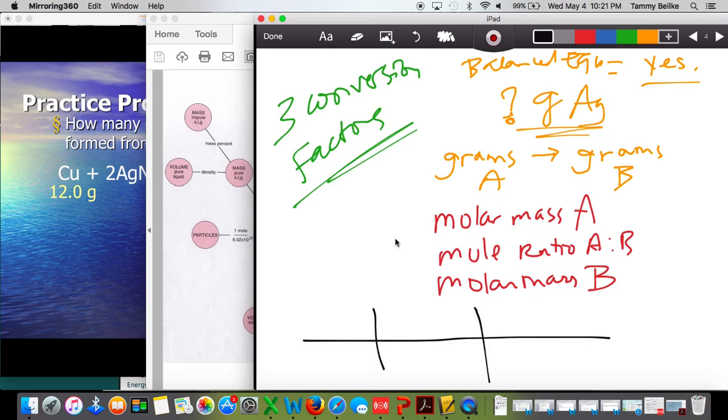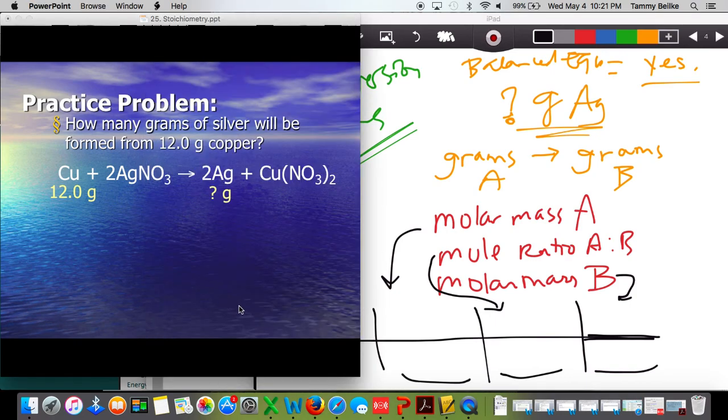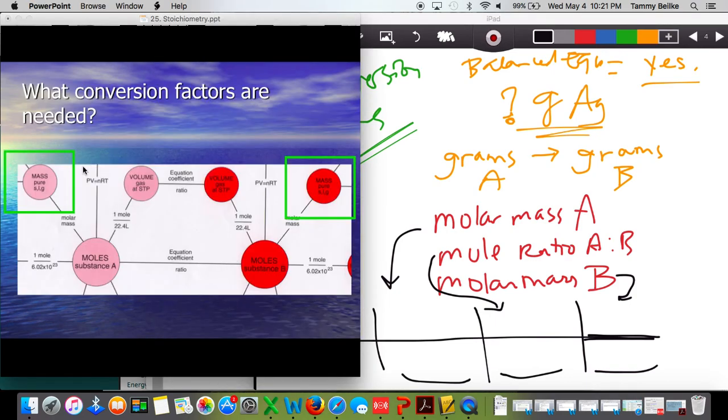I'm going to have a space for the molar mass of A, a space for the mole ratio, and I'm going to have this last part be the molar mass of B. Okay. That's what's going on with my factor label method. Okay, well, you see this here on my mole map, molar mass, mole ratio, molar mass.